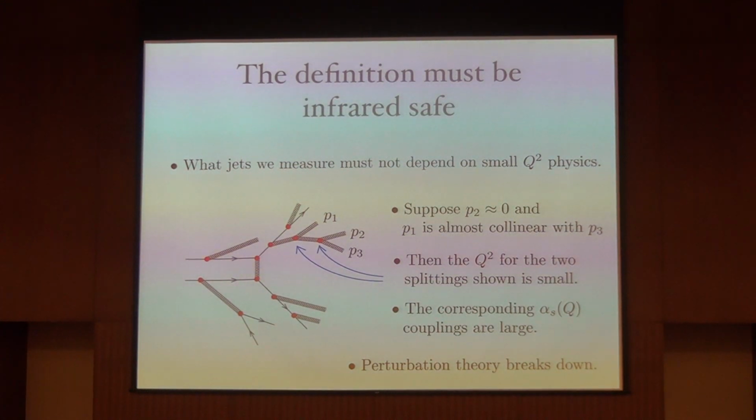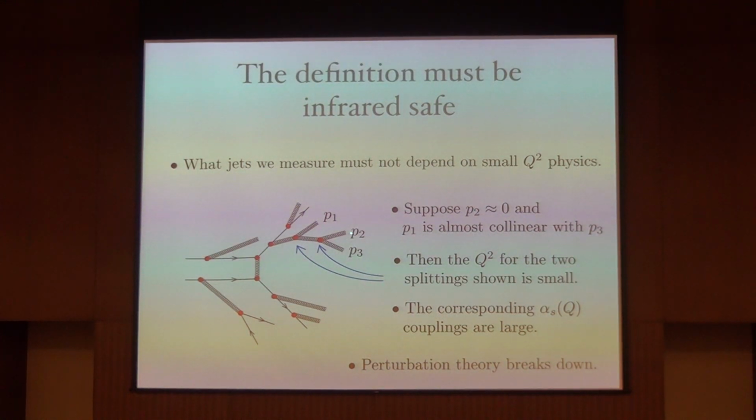When we measure, we need the jet definition. The jet definition has to be what we call infrared safe. That means it better not depend on small q² physics. So here's the picture we were looking at before.